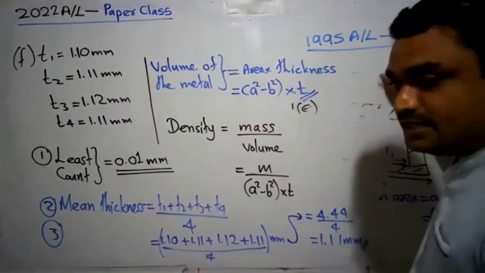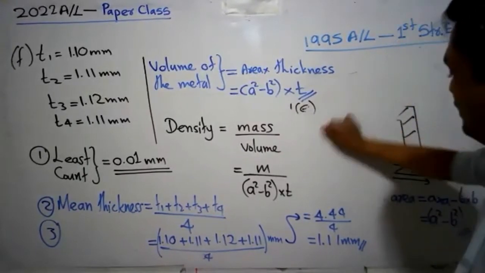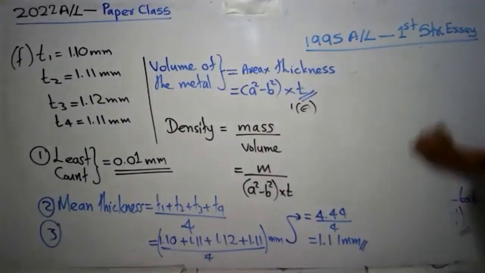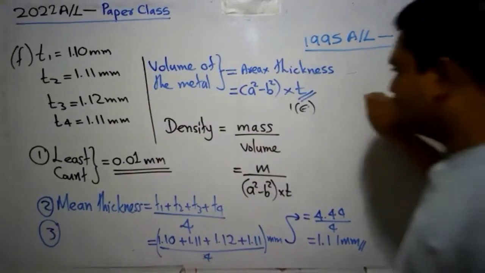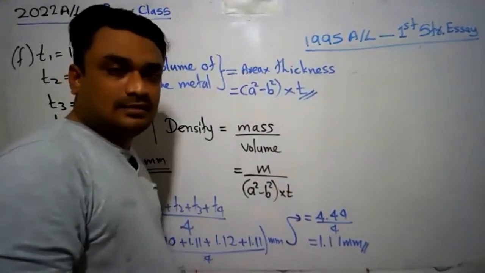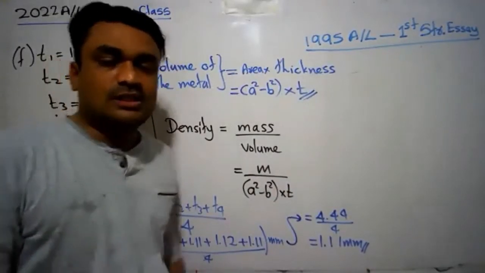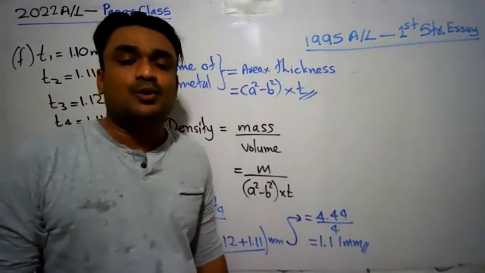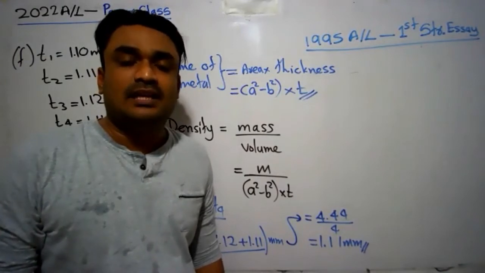Leave a line and write the reason: because the least count is only up to 2 decimal places in millimeter.